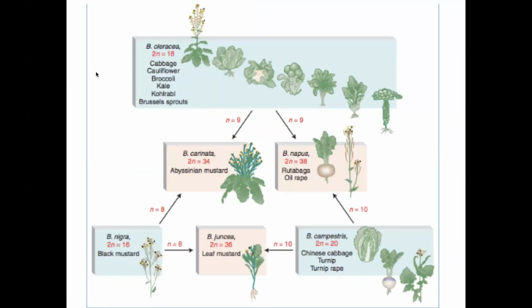So just to give you an example, if you were to take the oleracea, 2n of 18, so the haploid is 9. The campestris, a 2n of 20, so the haploid is 10. You combine them to create a sterile derivative of which the cells contain 19 chromosomes.